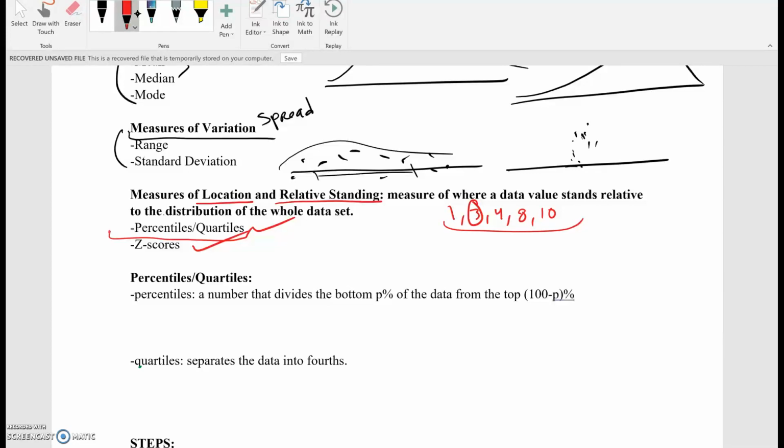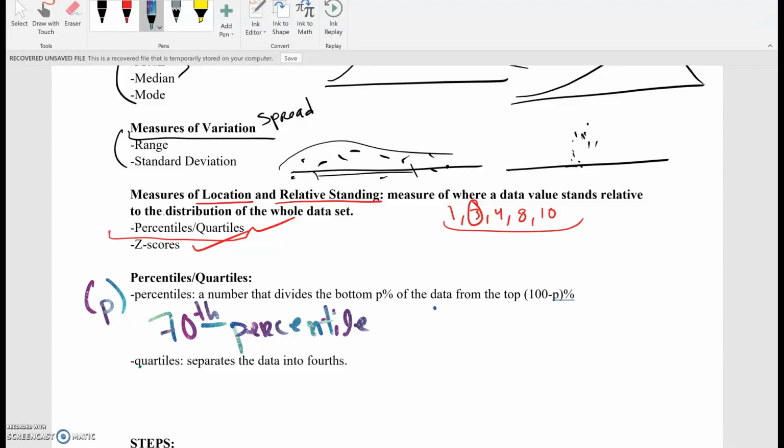Okay, so what a percentile is, a percentile is just a number that describes the bottom p% of the data from the top 100 minus p% of the data. So if percentiles were labeled as the letter P, basically, if I was looking at maybe the 70th percentile, so let's say this is my percentile, 70th.